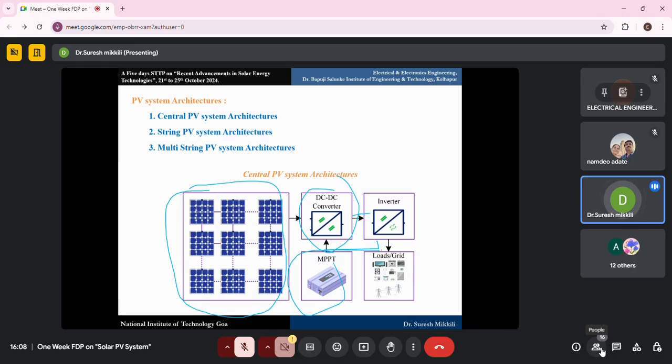So this is not feasible for a solar park system. But central PV system is feasible for low ratings, that means for rooftop buildings or rooftop houses. For a rooftop PV system of houses, central PV system can be considered. Why?